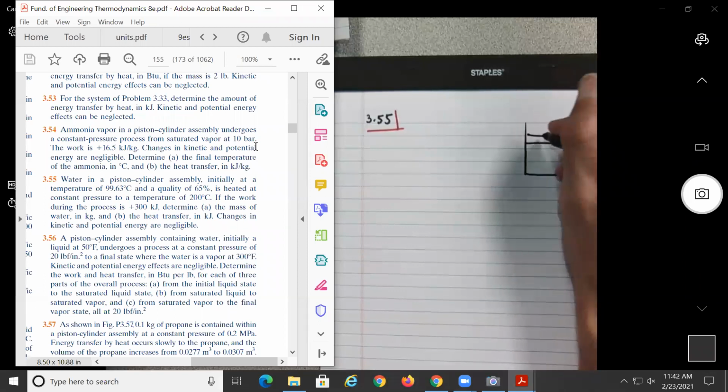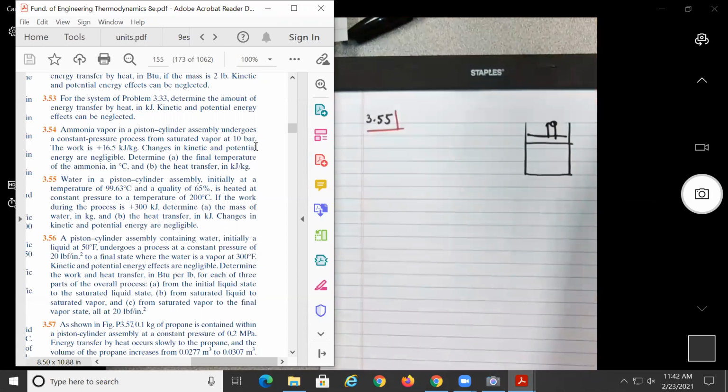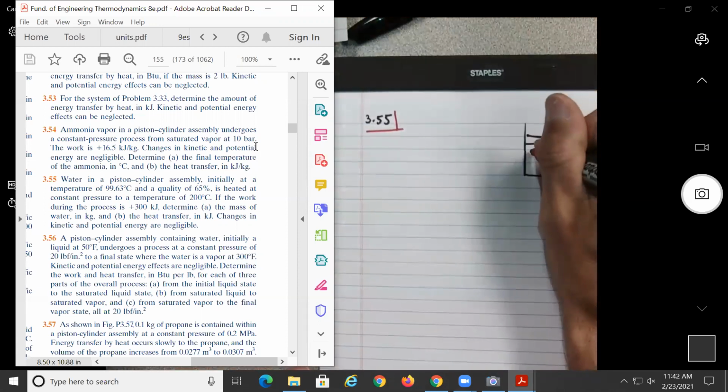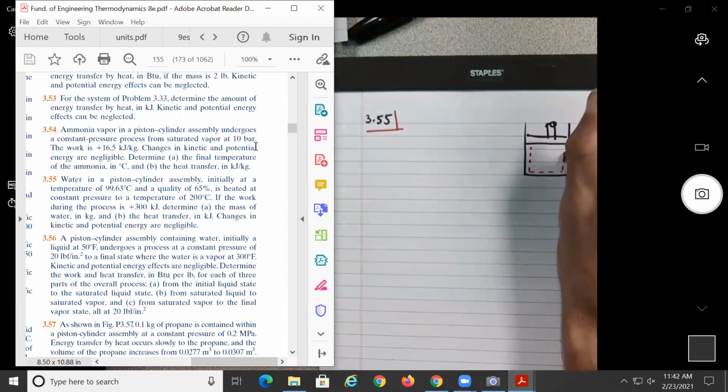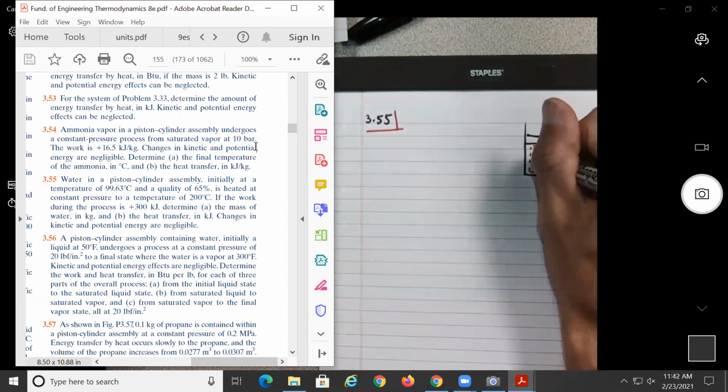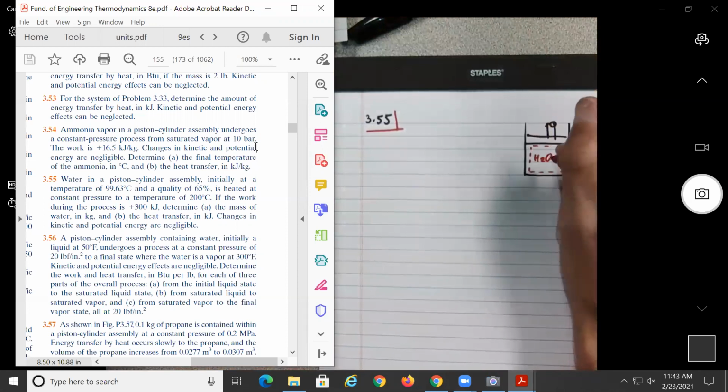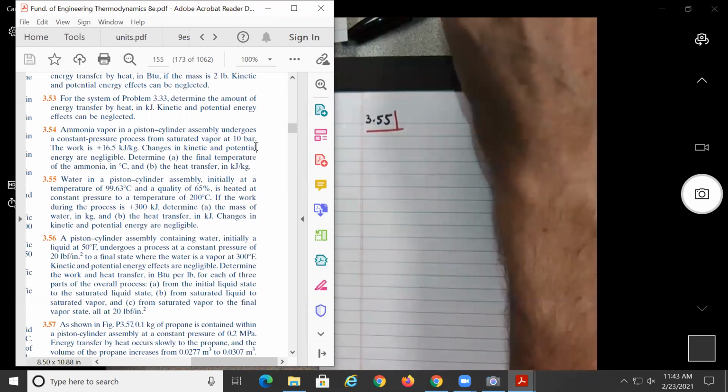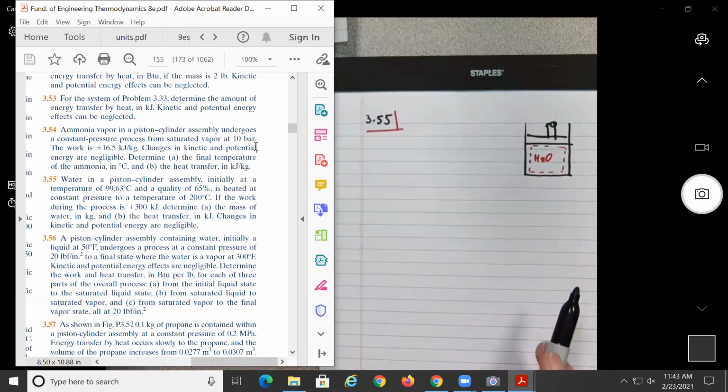A piston, because that's basically going to tell me that we are dealing with a closed system where the mass will be constant, and we know this is water. All right? So water in a piston cylinder assembly, initially at a temperature of 99.63.